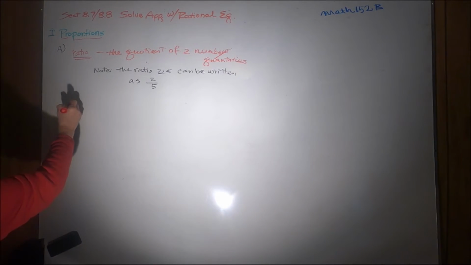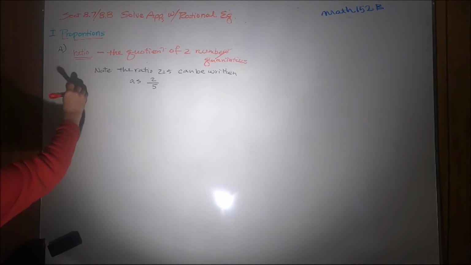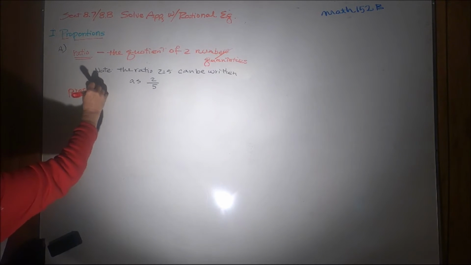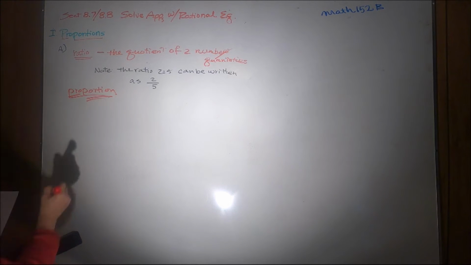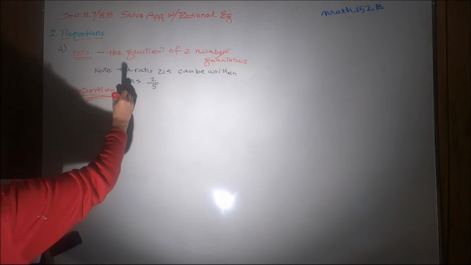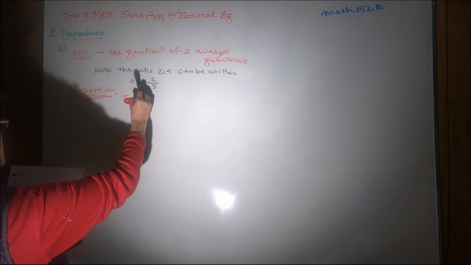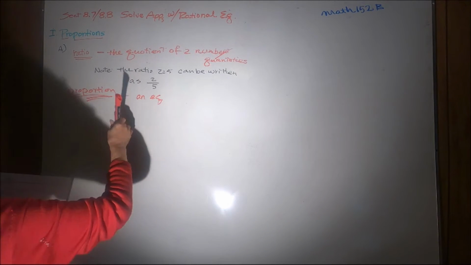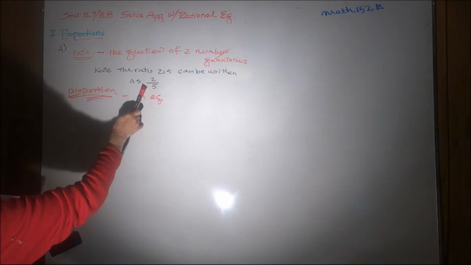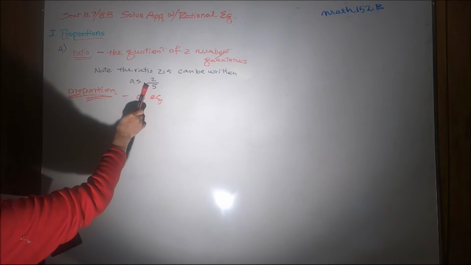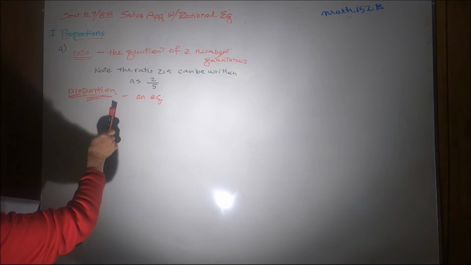And another thing is called proportion, right? That is what we are talking about. It's an equation. A ratio is just two things compared, becoming a fraction, right? It's a number. But a proportion is what?